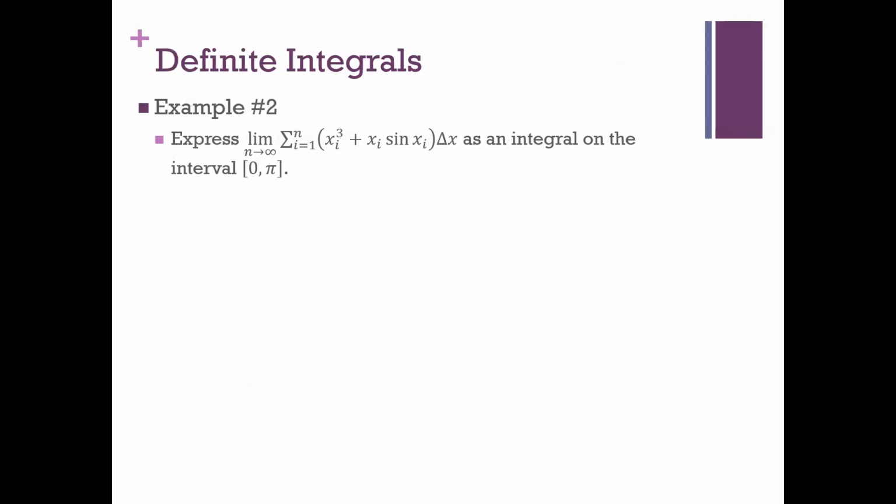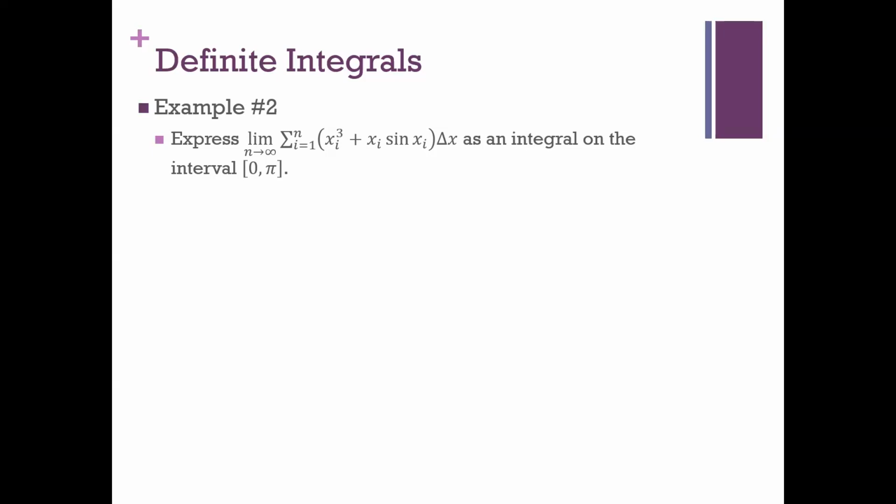So I have this Riemann sum. I want to partition the interval 0 to pi into n intervals, and I want to find the area under the curve x cubed plus x sine x. There's a little bit of a difference in notation here.